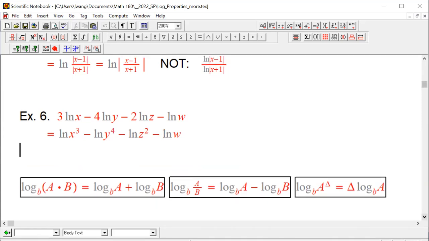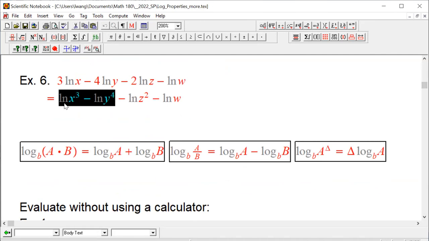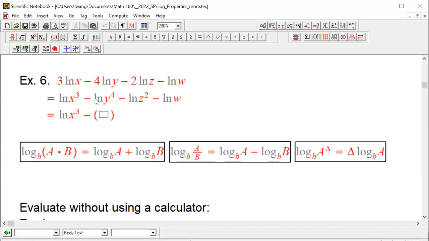Okay, I can go one pair at a time, right? One pair at a time, or I can go this way. I'm going to go ln x raised to the power 3, and I'm going to subtract. I look at these 3 terms. I'm going to factor out the negative sign. So I will have ln y to the power 4 plus ln z squared and plus ln w.